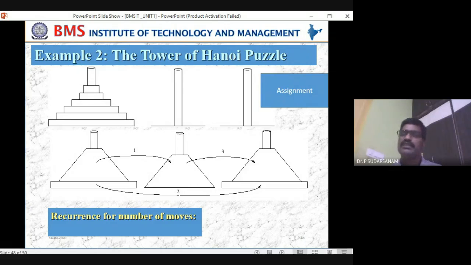In such a way you have to move all 3 disks from source to destination. For example, this is called 1, this is called 2, this is called 3. When you are moving from here to here, the upper one should not come to the smaller disk, the smaller disk should not come below the upper disk. That is the condition you have to follow.